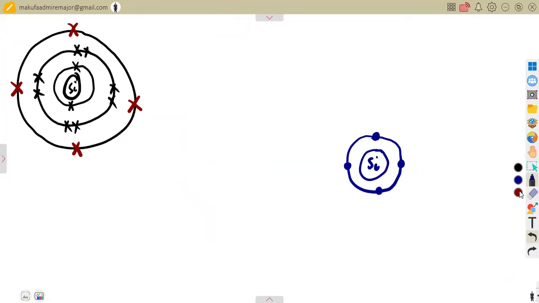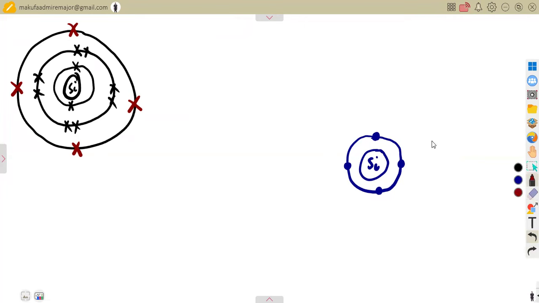If you take another silicon to pair to this electron, another to pair to this electron, and another to this one, each has its own 4. So you're going to have a silicon here with its 4.